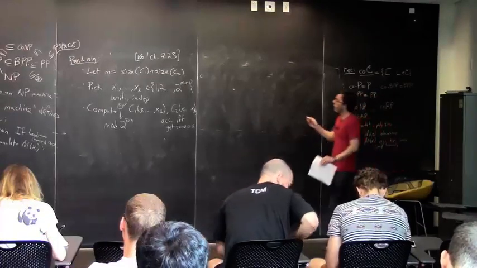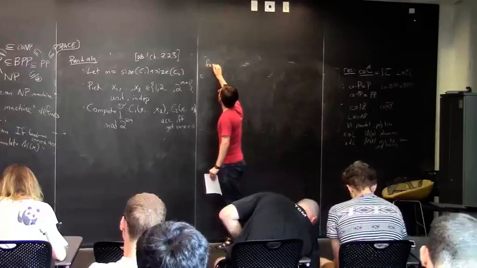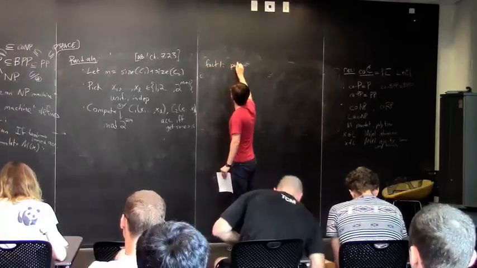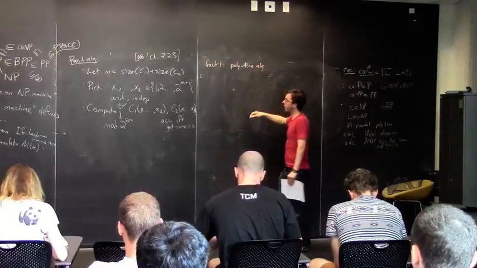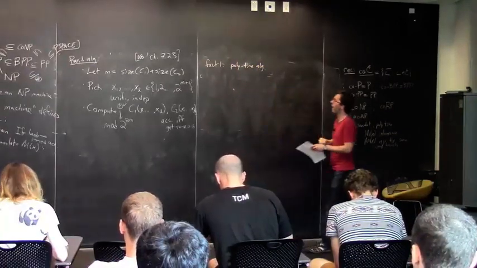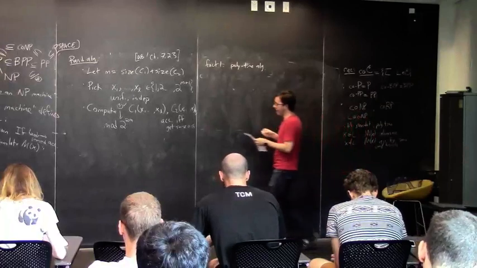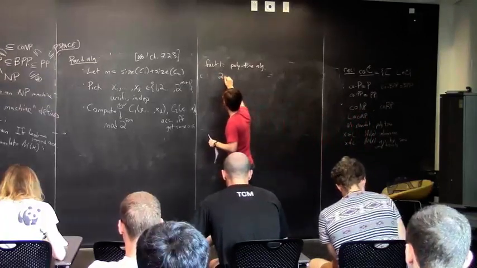And okay, so let me write some facts. Fact 1, this is a polytime algorithm. On every input, it takes at most polynomial time. We just argued that. And fact 2 is the easy fact.